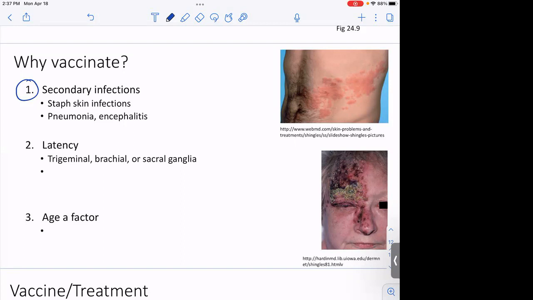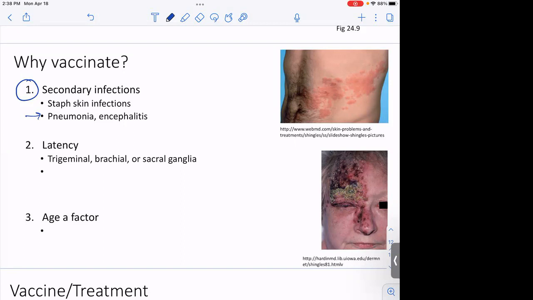That skin infection probably is not going to be serious, but it's a potential complication. More rarely, chickenpox could turn into pneumonia or encephalitis, inflammation of the brain, but that was really, really rare.